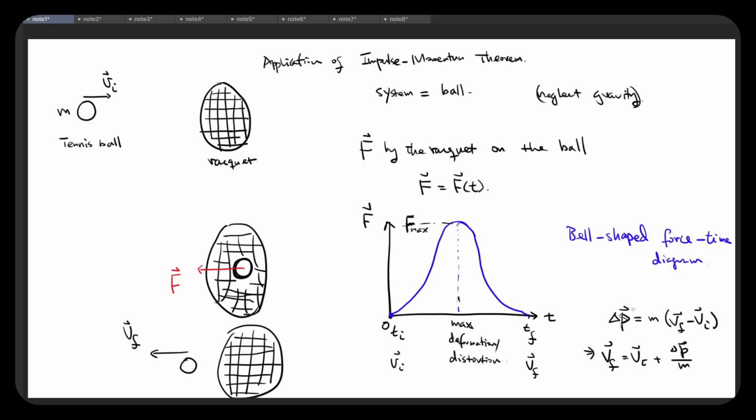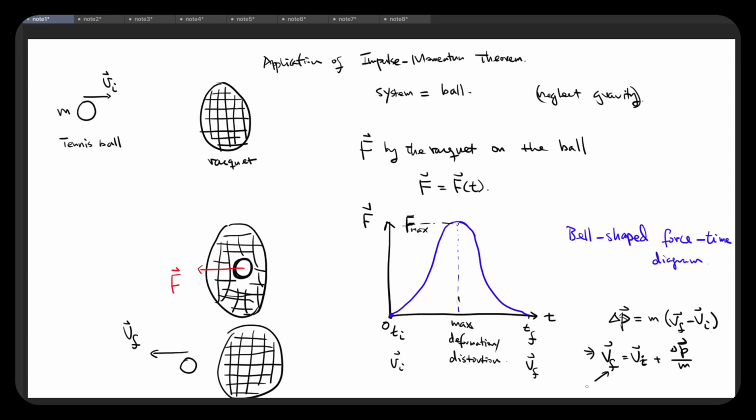I simply rearranged the m times vi term to the left side, and then it is added to delta p, and then we divide by m. And then we figure out the final velocity.